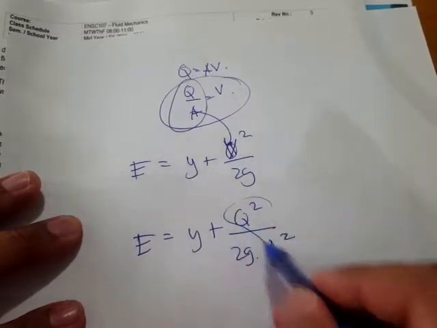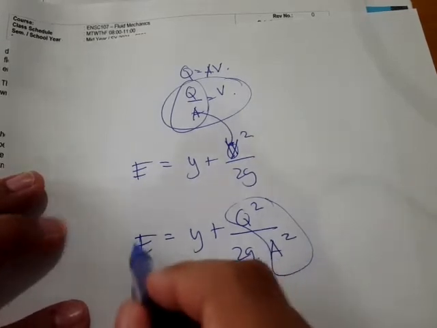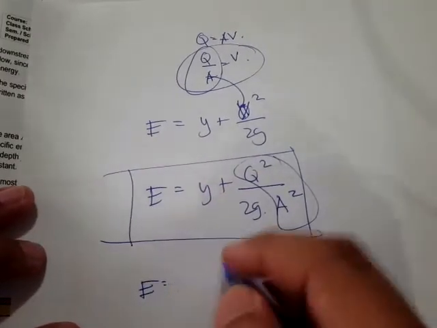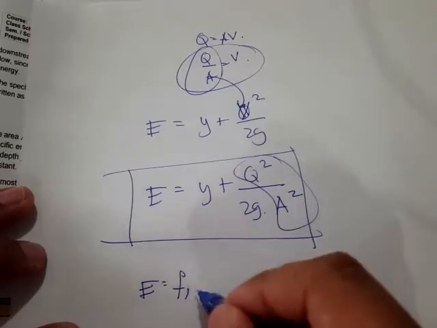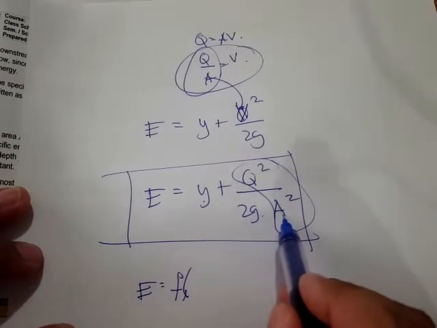So that's our V squared: Q squared and A squared. Therefore, we can see from this mathematical expression that E is actually a function of the flow depth Y, because A is related also to the flow depth.